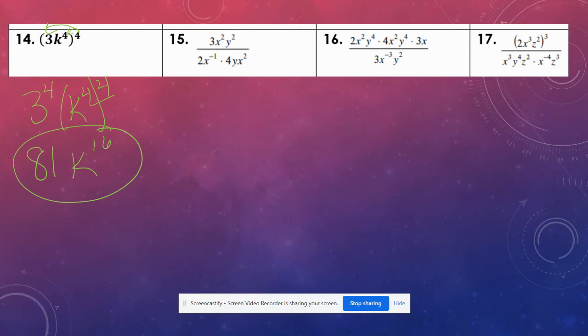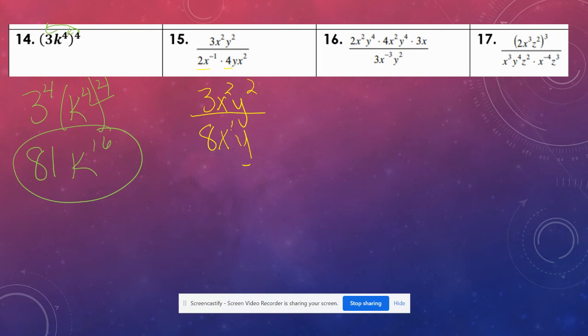Number 15. I'm going to start with combining like terms on the bottom. We have 2 times 4 is 8. X to the negative first times x squared. Negative 1 plus 2 is positive 1, so that's x to the positive first. And then we have the y there.